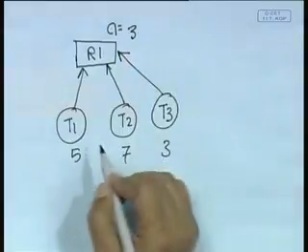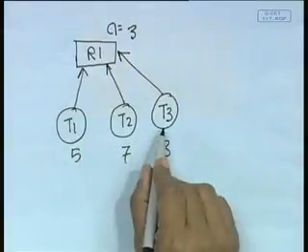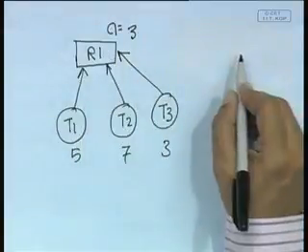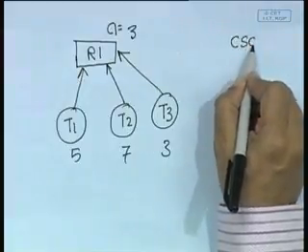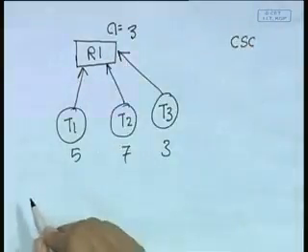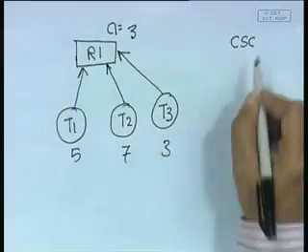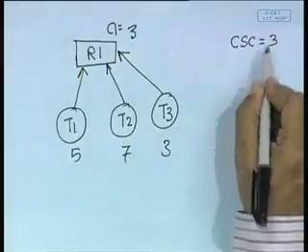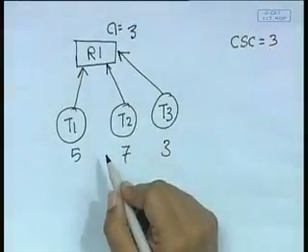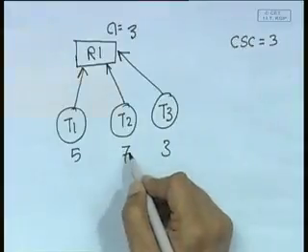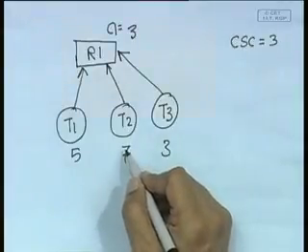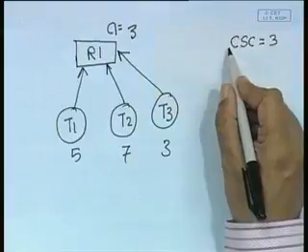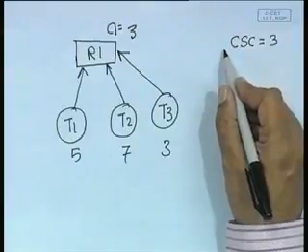Now, as soon as any task here acquires the resource, the current system ceiling will be set to the ceiling value here. So, CSC will be made 3. Let us say T2 has acquired the resource, but T2's priority does not change, it is only the environment variable which has changed.